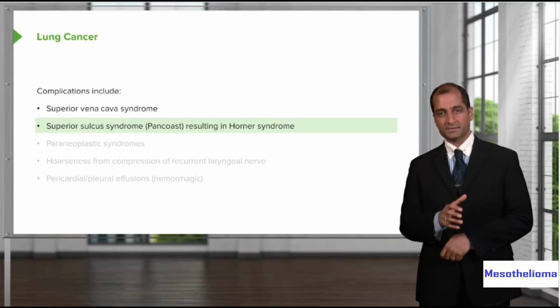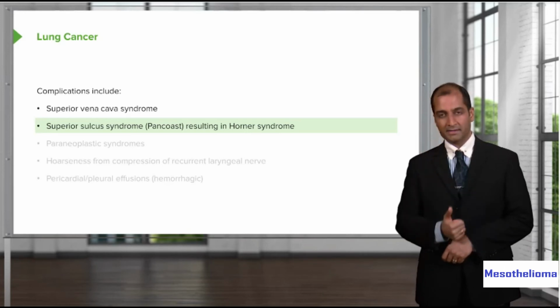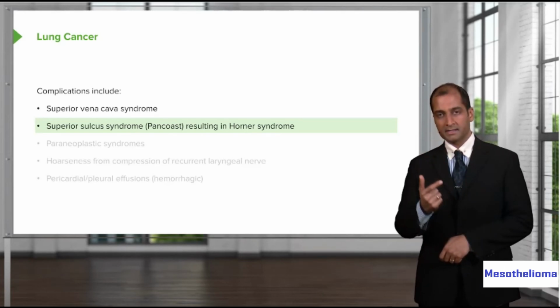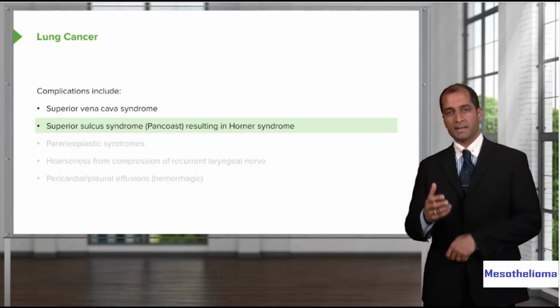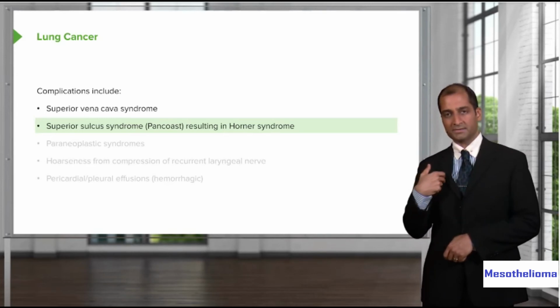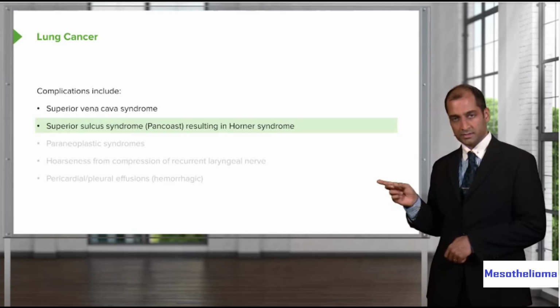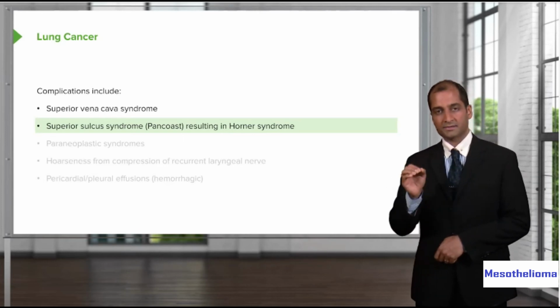It's the fact that this patient has a drooping of the eyelid. There are going to be pupils that are rather tiny, and there's absolutely no sweating. What happened? Well, this was a tumor, maybe a small cell lung cancer in the apex of the lung. Understand, Pancoast, as you see here, is not a separate lung cancer.